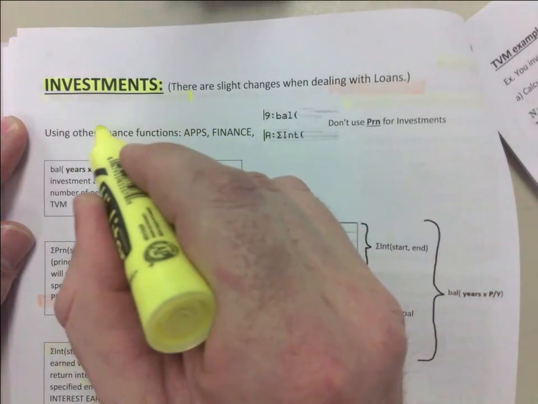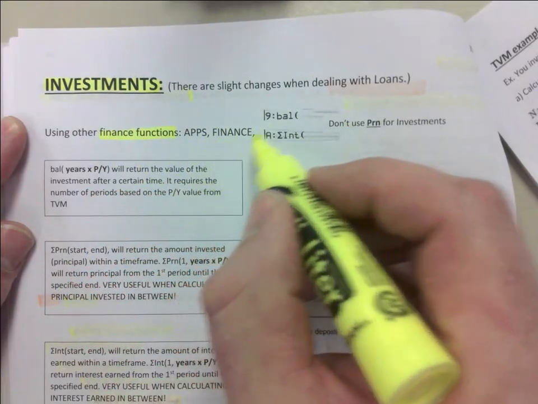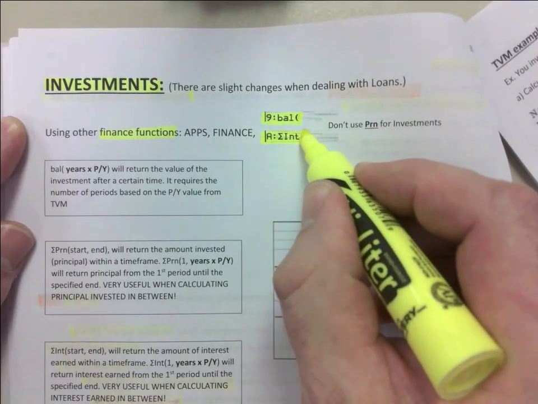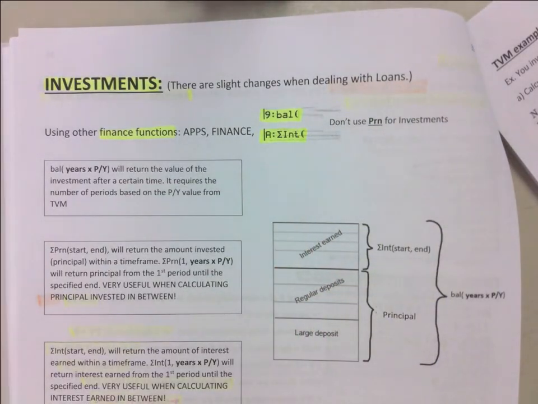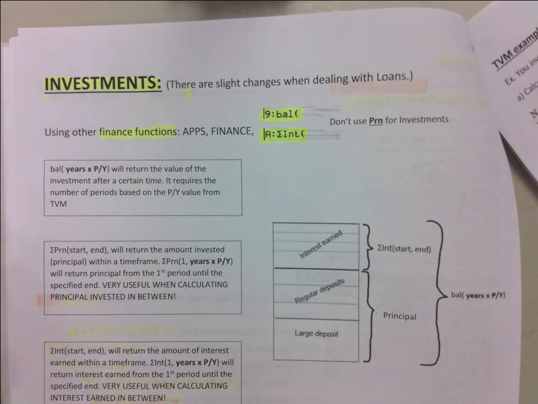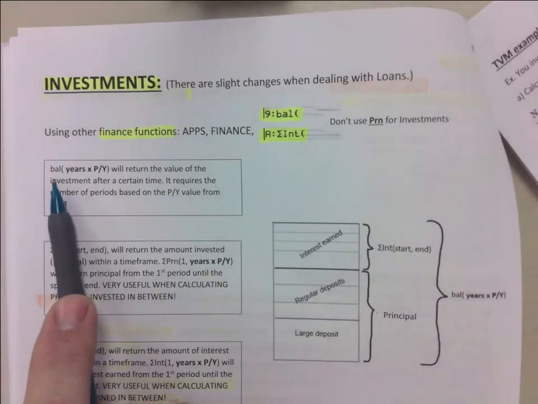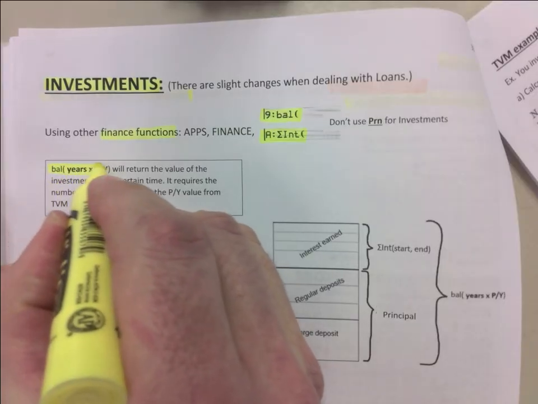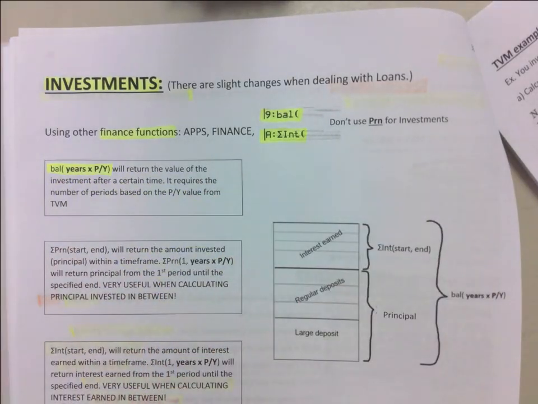When it comes to finance functions, I want you to be able to use balance, and I want you to use the interest function. What does balance do? Guys, these are like apps that TVM has available to you.